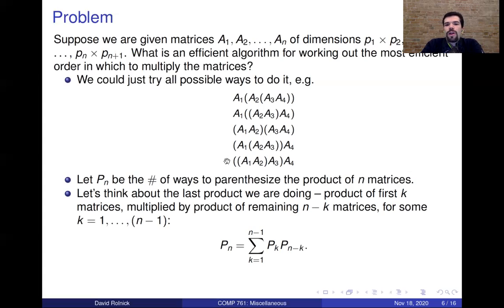So the last product is, we had multiplied the product of some k matrices, and then we're multiplying that by the product of the remaining n minus k matrices. So for example, here we're multiplying 2 matrices, and then we're multiplying the other 2 matrices, and that's what we're multiplying together. Here we're multiplying 1 matrix by just a single matrix, and then we're multiplying it by 3 matrices. So the last time we're doing a multiplication is by some k, and then the remaining n minus k.